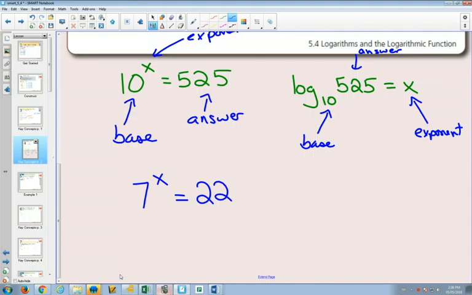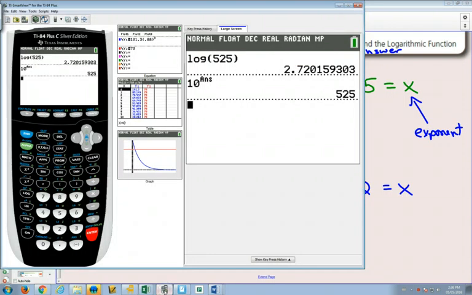If we wrote this in log form, what's the base here? 7. So we would write a little 7 as a base there. The answer is 22, and logarithms always solve for the exponent. If you have a TI-83, you won't be able to write this in exactly as it's written.